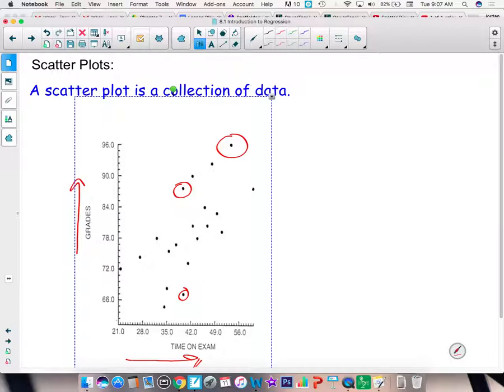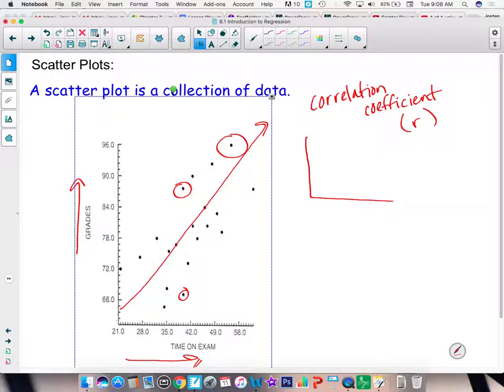But we have to look at the correlation of the data here, like is it a good correlation or not? I would say that it's decent, because if we draw a line through there, the data kind of matches a line. So if you guys remember correlation coefficients, that was usually given by R. That was how well the data fits a line.